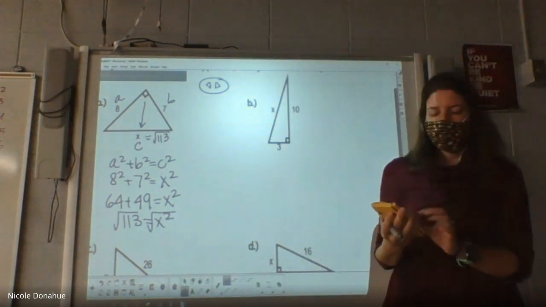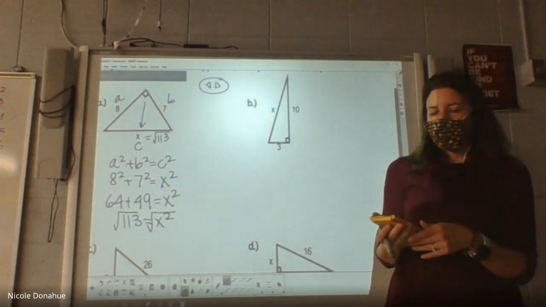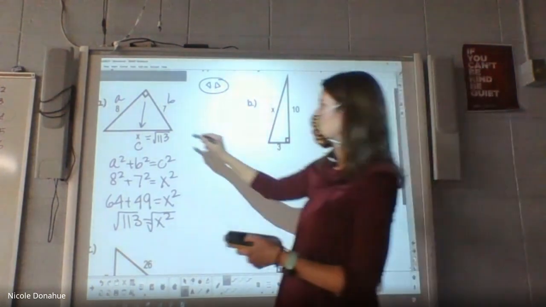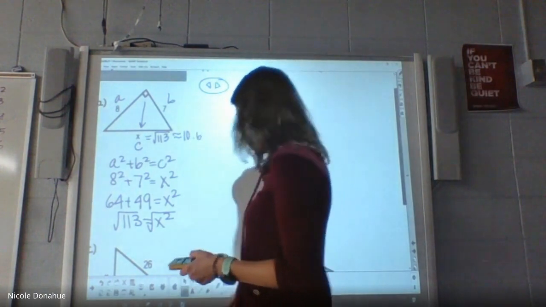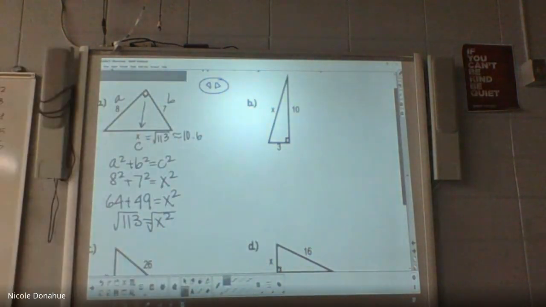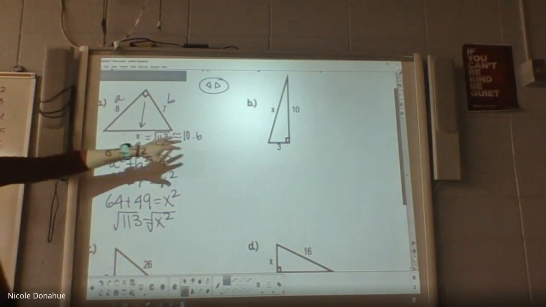If you hit that button, it'll tell you the decimal. So it'll tell you it's like 10.6-ish. So if you're wondering whether my answer made sense, or if I'm trying to figure out how long that piece is, that's about 10.6.